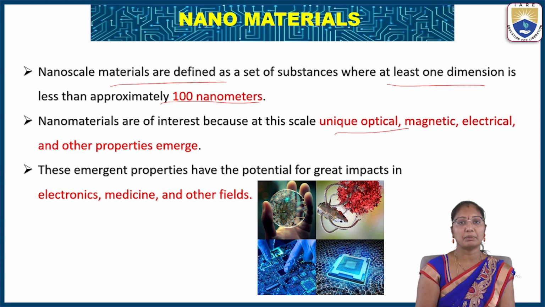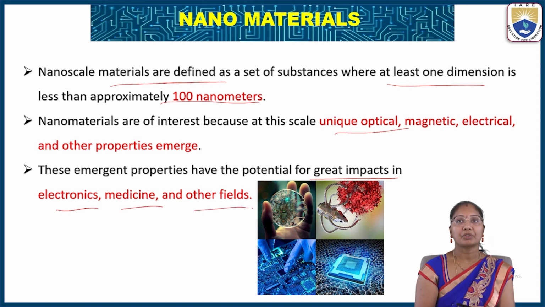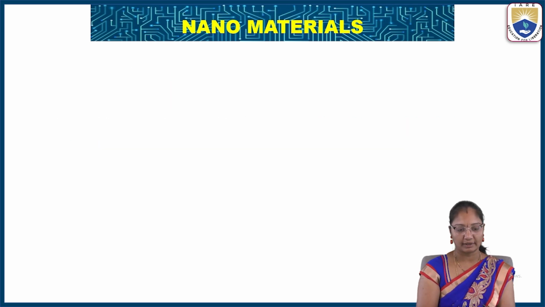These properties give us the potential for great impacts in electronics, the medical field and other fields. So these nanomaterials are highly applicable in the medical field, the electronic field and other fields.